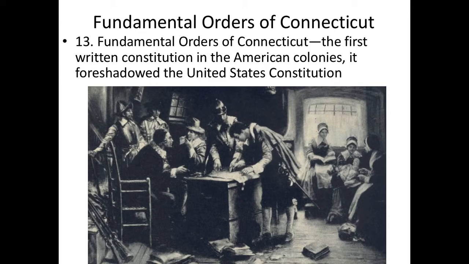But it's the same idea. You write down how your government is going to be structured, and then what the responsibilities of each part of that government is going to be. And so, Fundamental Orders of Connecticut is really, really important because it laid that framework for what would become the United States Constitution.